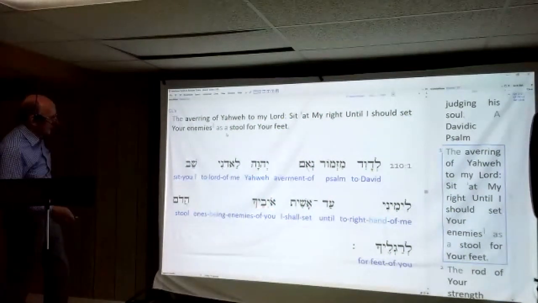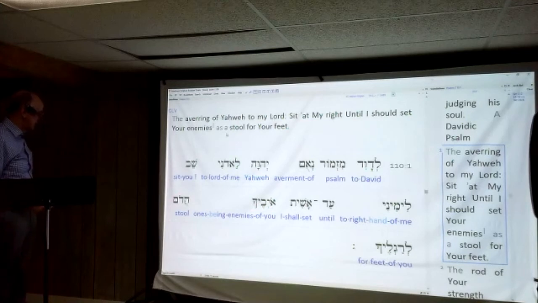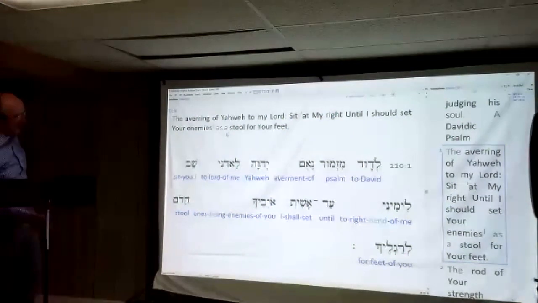Oveka. All right, then we have this one: Hadom, a stool. And then for the feet, or to the feet: Raglecha.